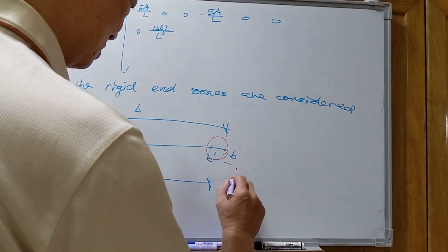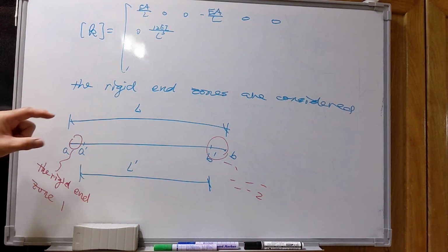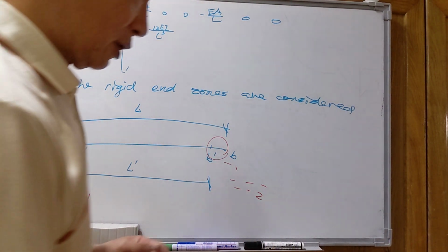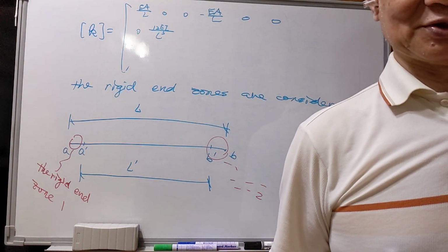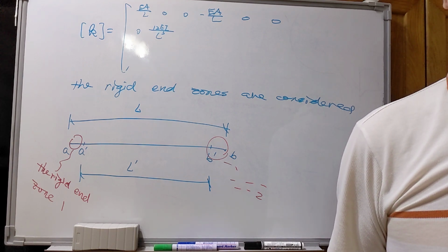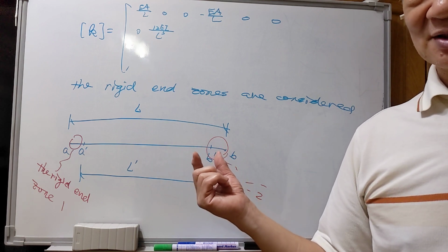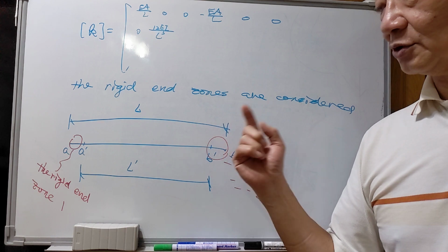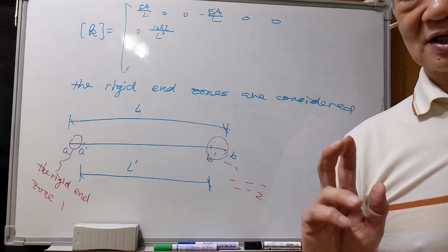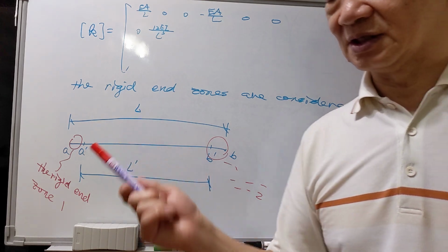From node point A to A prime, they are considered as the rigid end zone. And from B prime to B, it is another rigid end zone. And from A prime to B prime, it is the constant cross section, and that's the related input I and A.